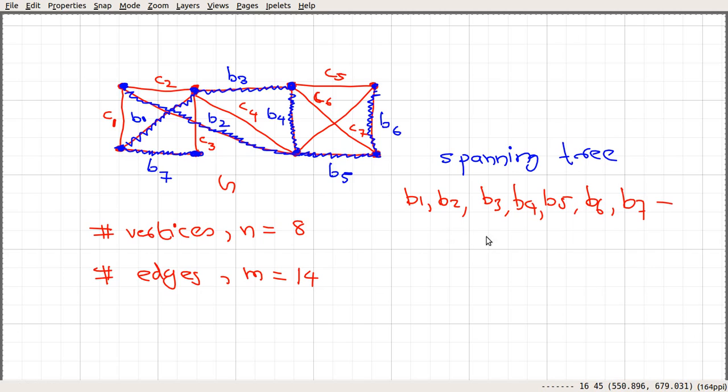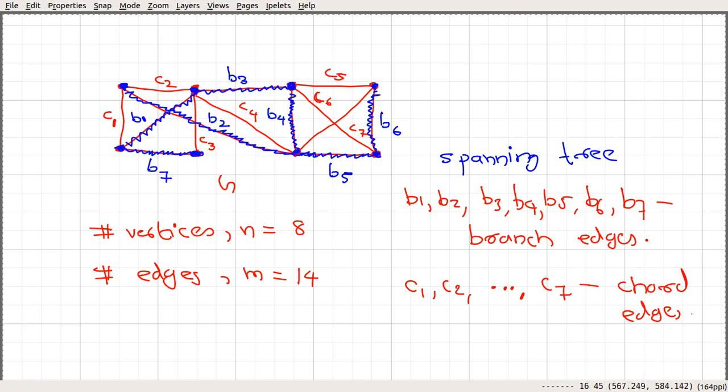These edges are part of this spanning tree, and they are called branch edges. And the remaining edges, C1, C2 up to C7, are called chord edges. So this is how we define branch edges and chord edges.